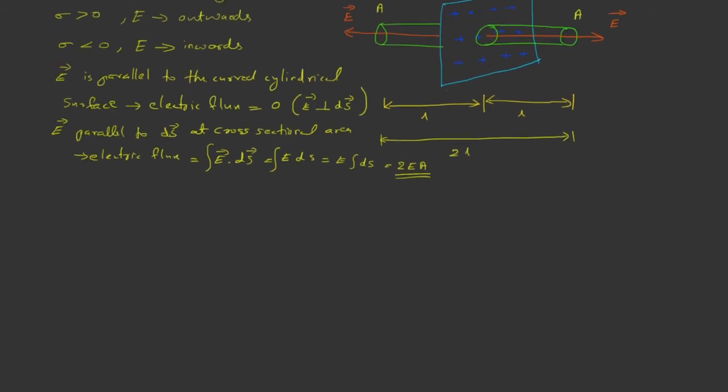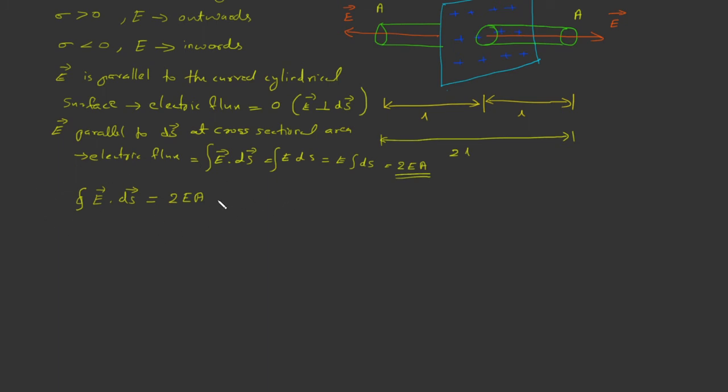Since the electric flux through the curved cylindrical surface is 0, the electric flux through the closed surface, that is closed integral E dot ds, is only due to the cross-sectional areas, that is 2EA. So we got the left hand side of Gauss's law.